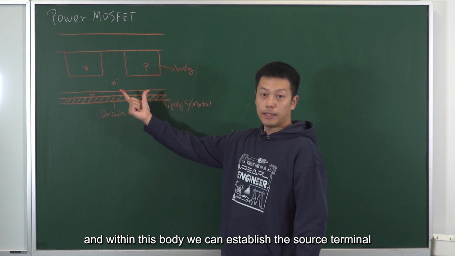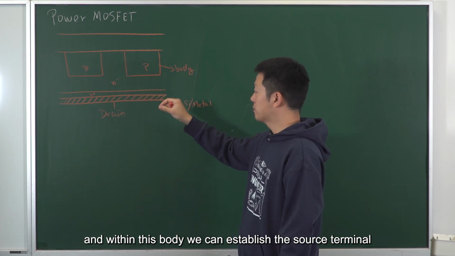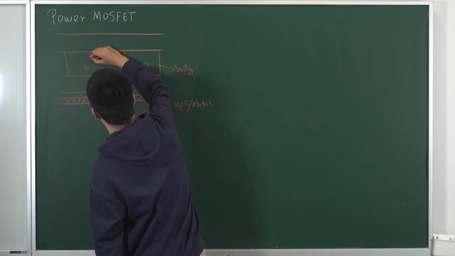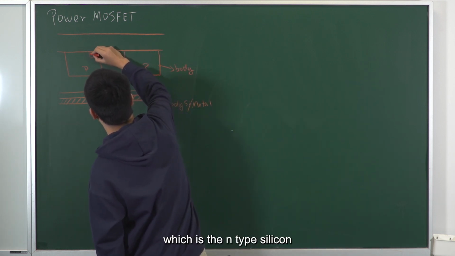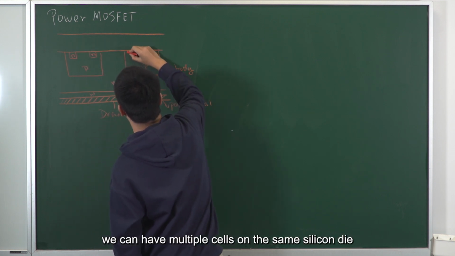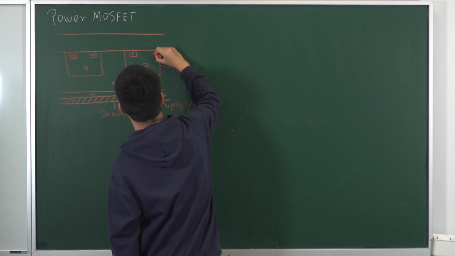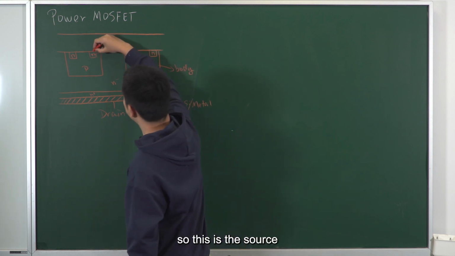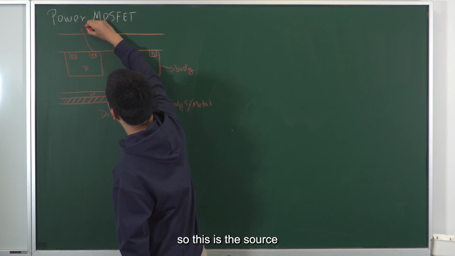And within this body, we can establish the source terminal, which is the N-type silicon. We can have multiple cells on the same silicon die. So this is the source.